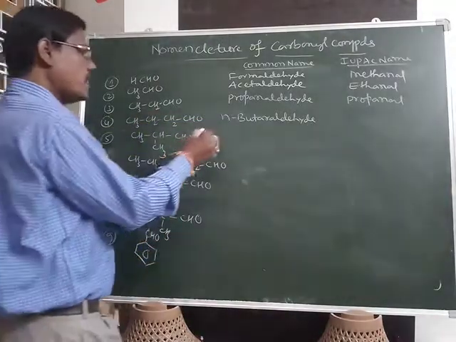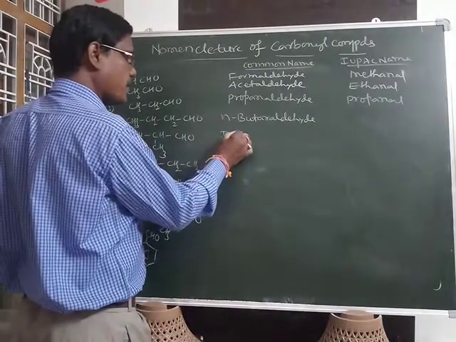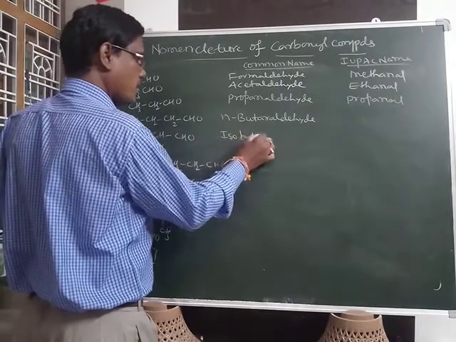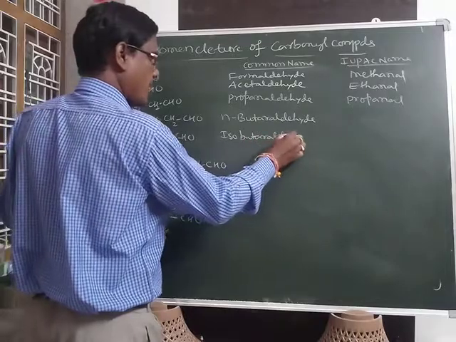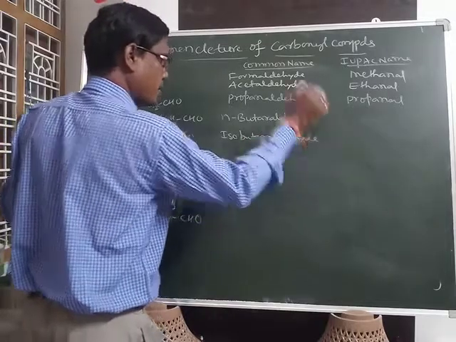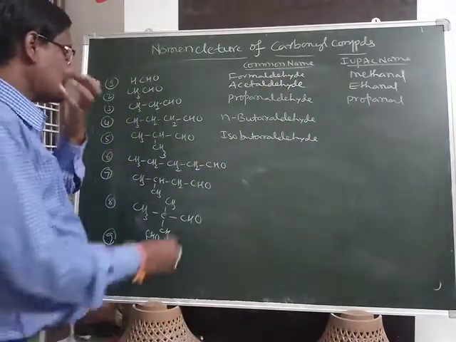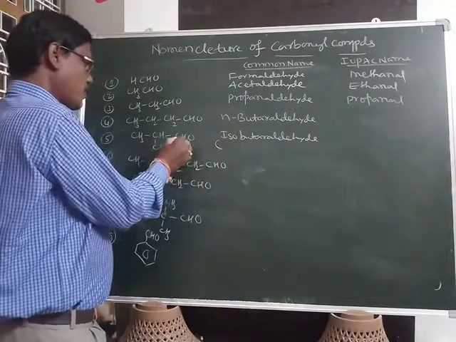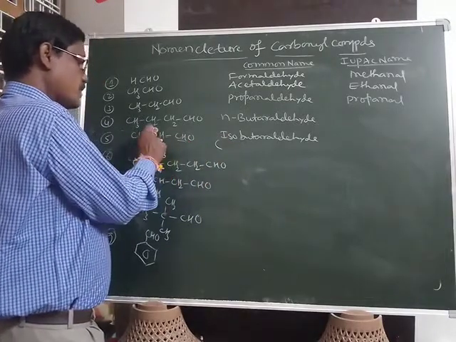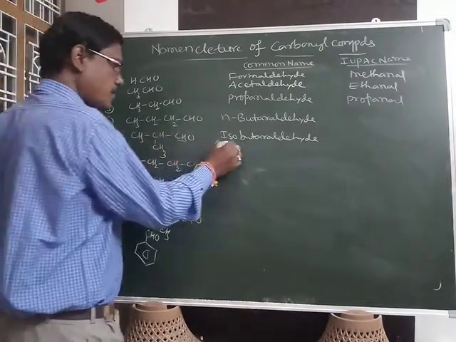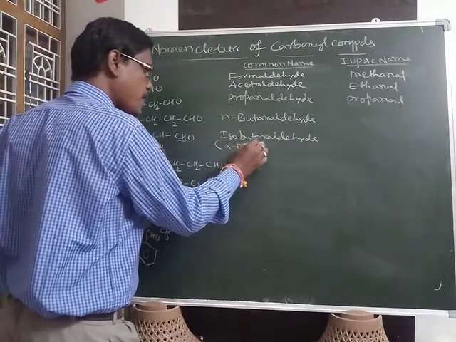Next, the branched one is called isobutyraldehyde. This is the functional group, and this is the alpha carbon with an alpha methyl.